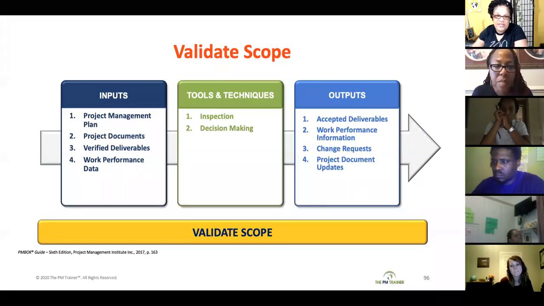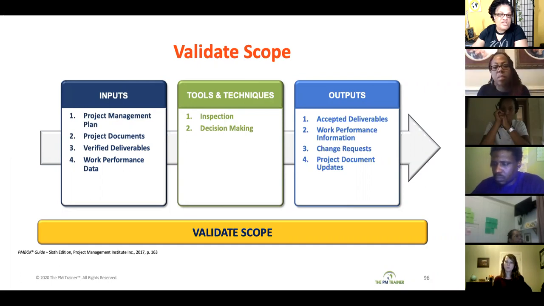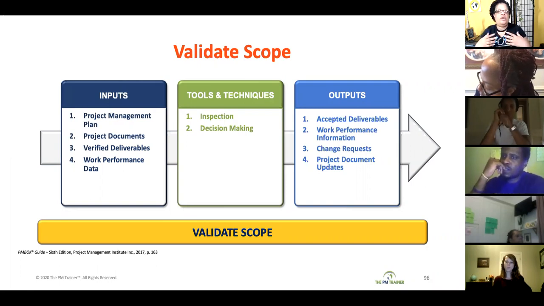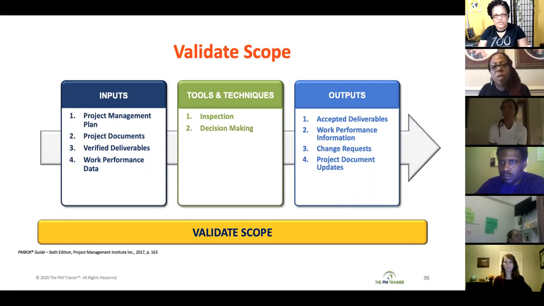Your tools and techniques is going to be inspection and decision making. So inspection is a technique, of course, where your customer is going to inspect the deliverable, whether they do that by examining it, whether they do that by measuring something. They could do a product review, they could do a walkthrough, they could do an audit. So like if you're building a house and the customer comes and they do that final walkthrough before you turn the house over to them, that is considered validating the scope, right? And if you're in construction, you know that you do those walkthroughs several times, right?